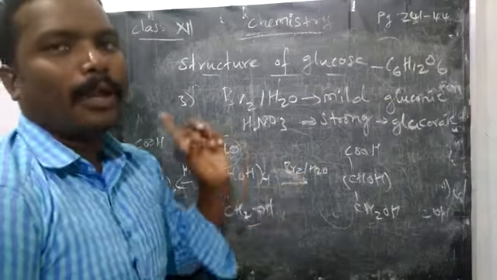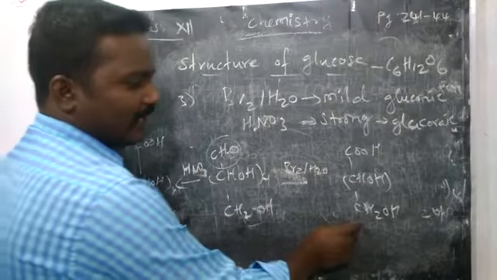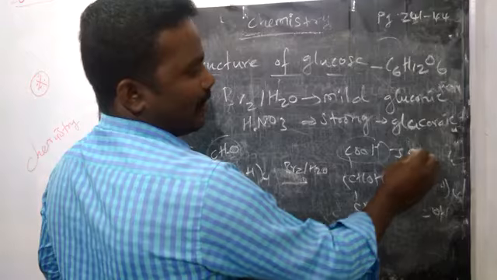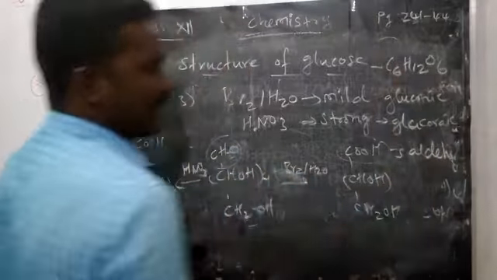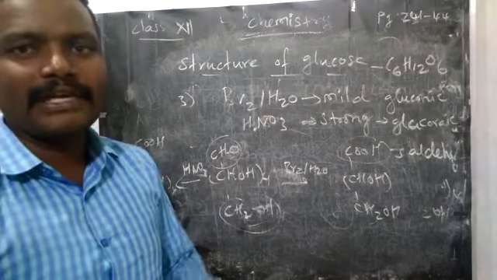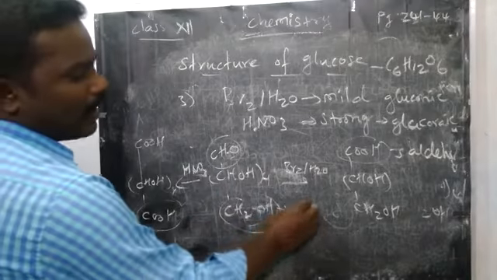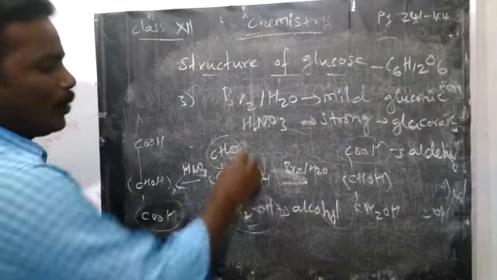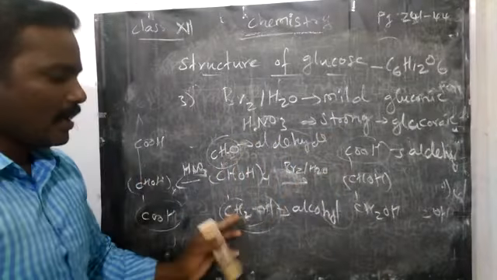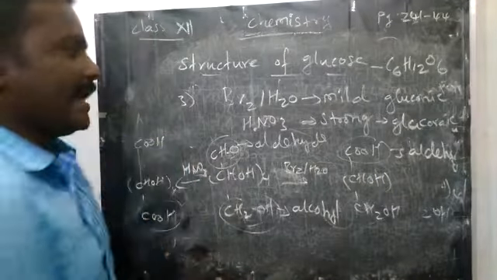From that, what do you understand? At one end of the glucose we have an aldehyde group. What about the other end? If it is a primary alcohol, it will give acid with nitric acid. So at the other end we have the alcohol group. One aldehyde group is confirmed using the mild oxidizing agent, and the alcohol group at the other end is confirmed with nitric acid.